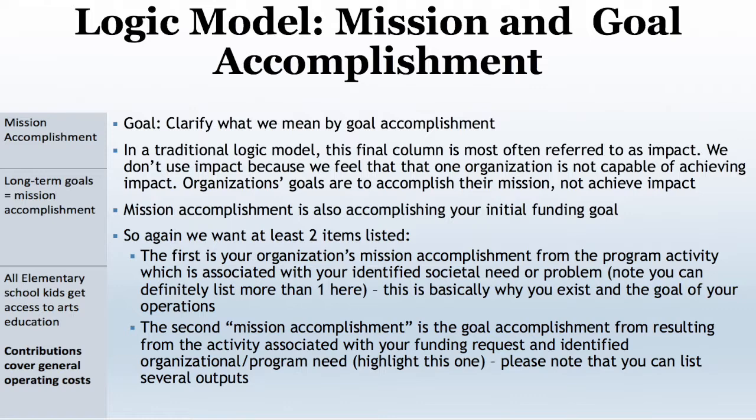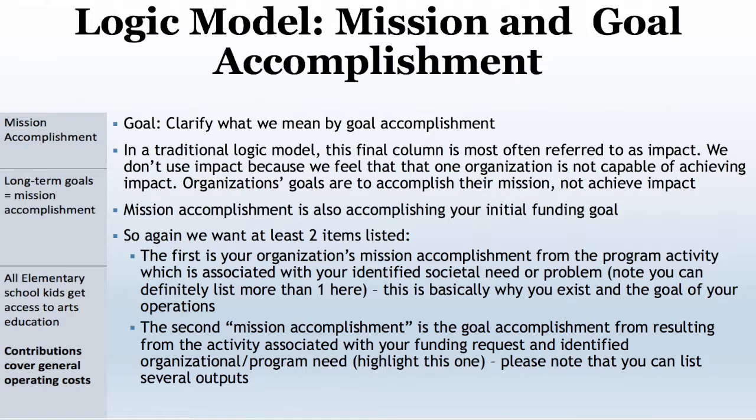So if you recall, in our example, our stated societal goal that we were addressing was to provide equitable access to arts education. And so our mission accomplishment is that all elementary school kids get access to arts education.